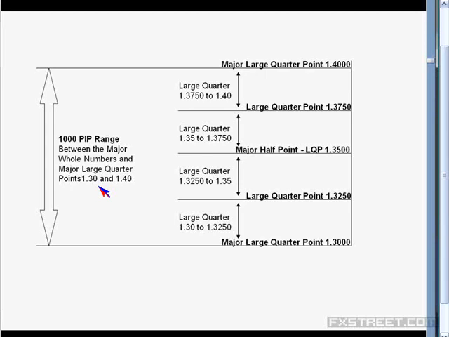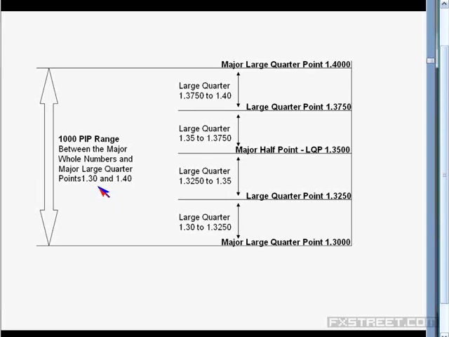Between every two major whole numbers, as I like to call these, there is exactly 10 cents, or 10 yen, or 10 centimes, when it comes to certain currencies' exchange rates. In a euro-dollar exchange rate, for example, between $1.30 and $1.40, we have a 1,000 pip range.